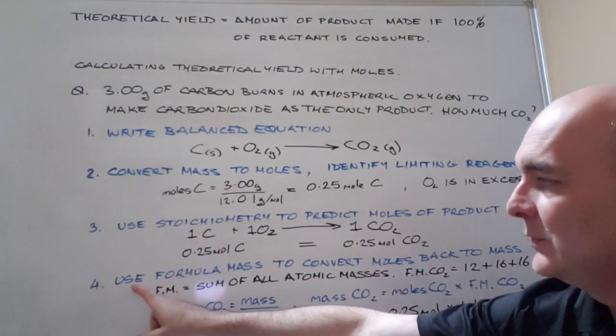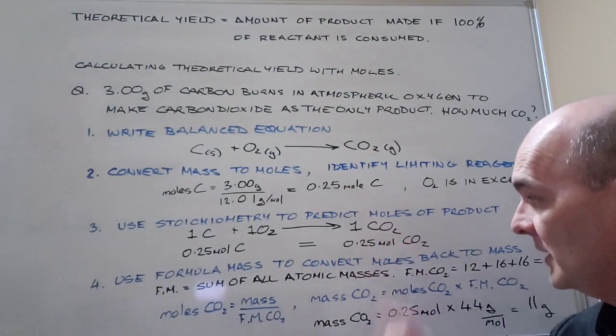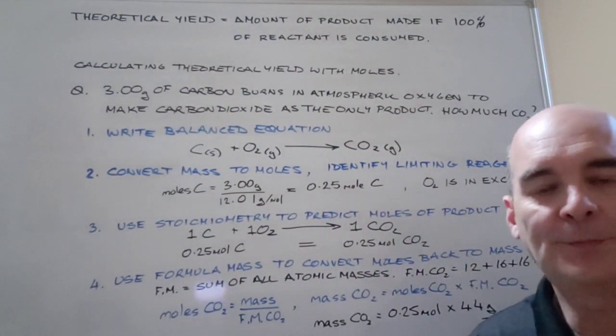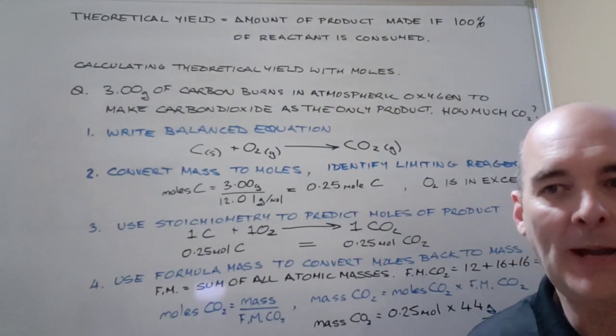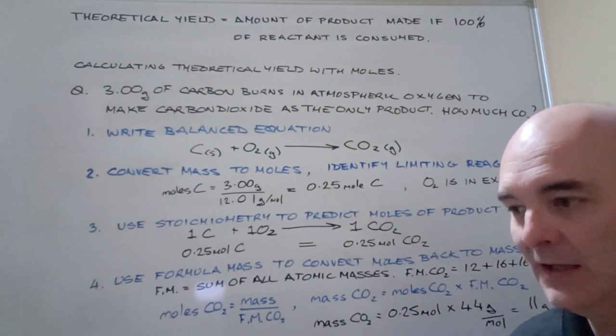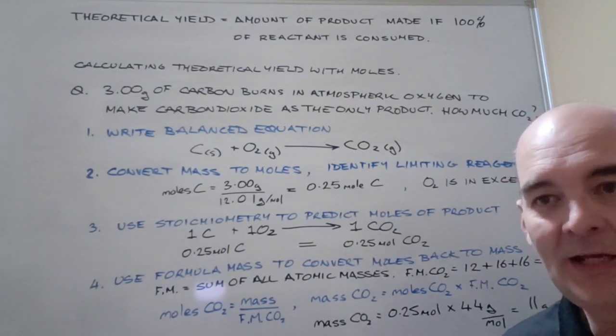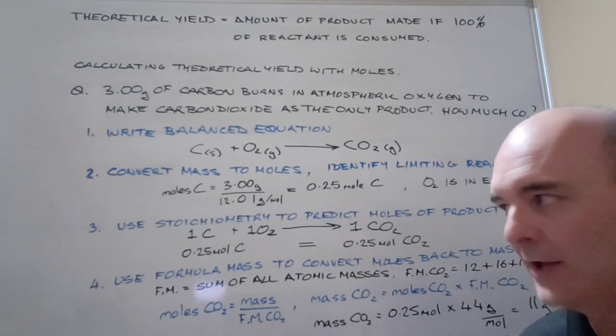Now I'm going to use the formula mass of my product to convert the moles back into a gram amount. And all that formula mass is the sum of the individual atomic masses inside the chemical formula all added together.